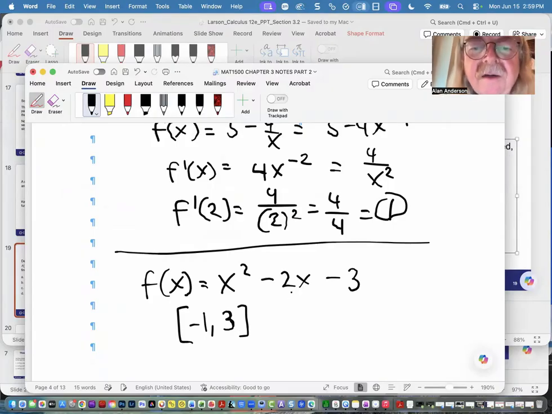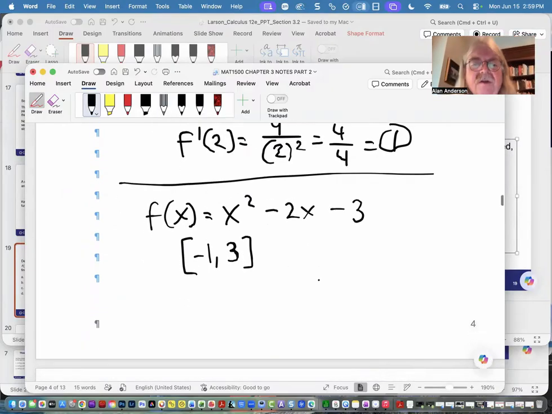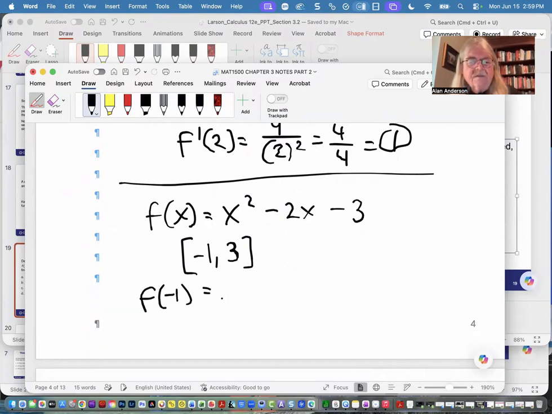We don't have to worry about continuity because this is a polynomial. What we do have to make sure is that f of -1 equals f of 3. And so let's try it.